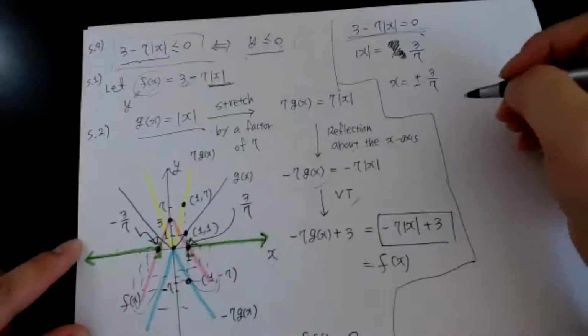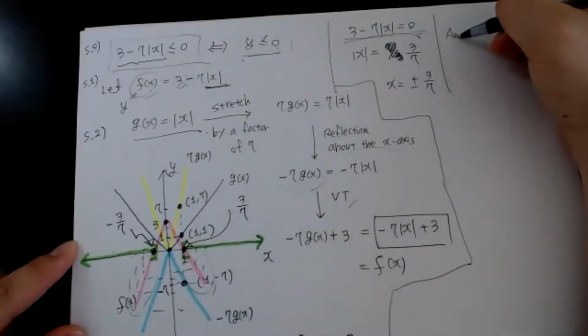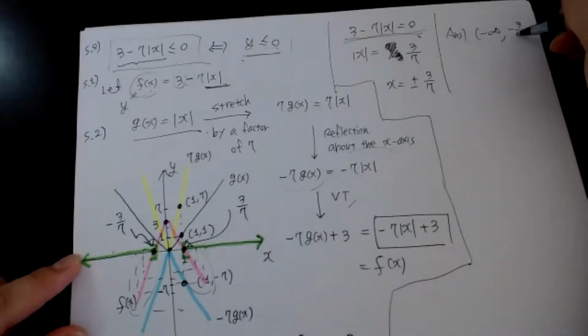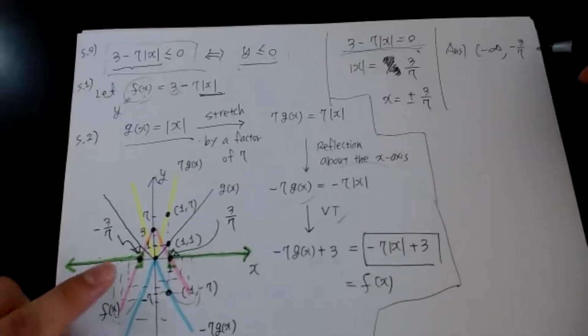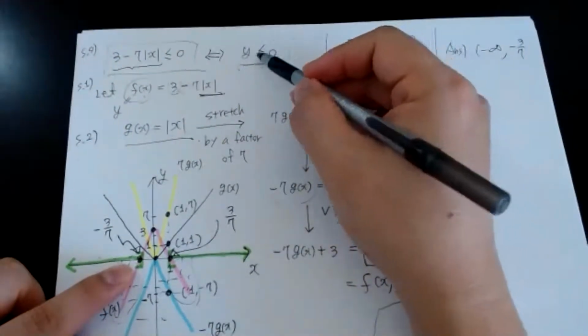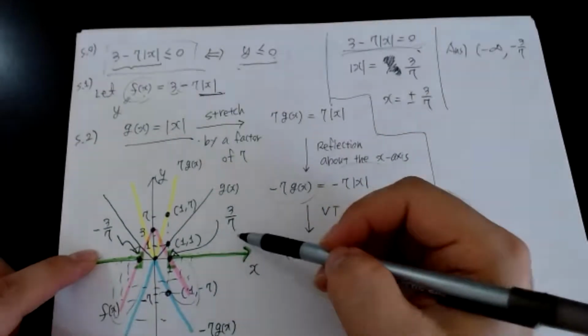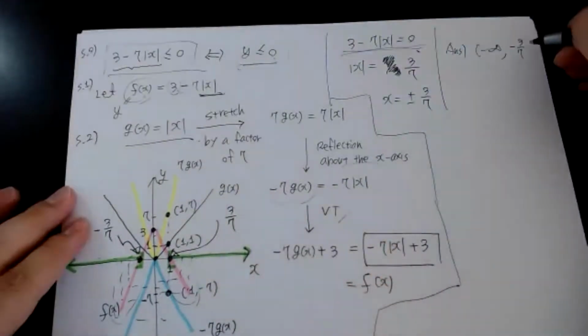So the answer is then, let me write down here: negative infinity to negative 3 over 7. Do I have to use a closed interval or open interval? It's a closed interval, right? Because there's an equal sign. When x is negative 3 over 7 and when x is 3 over 7, we're going to get 0 as the y value. So just use closed.